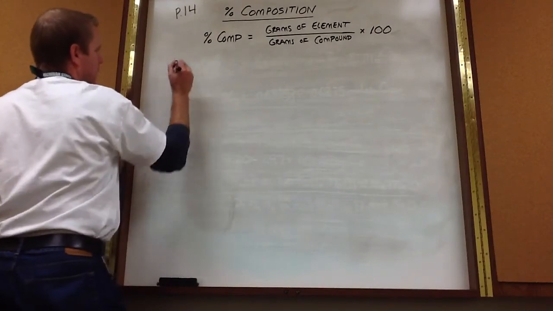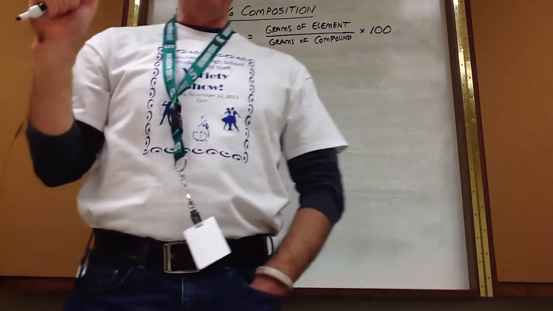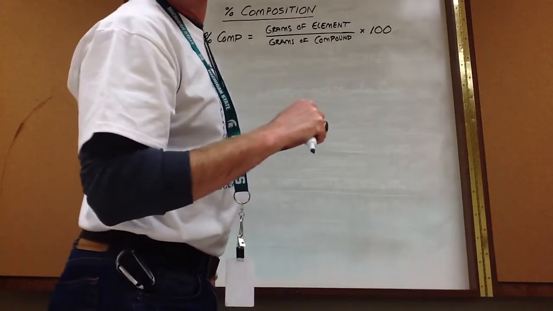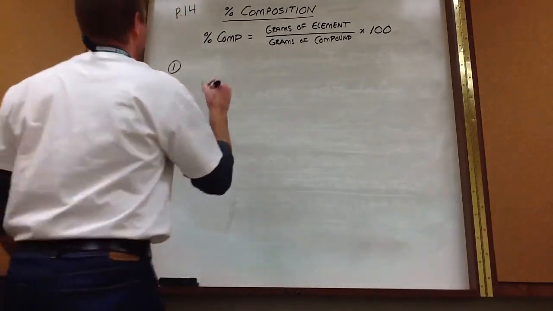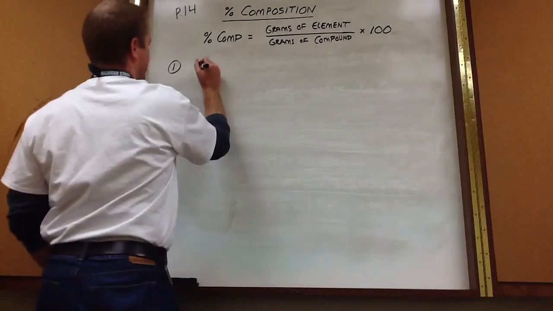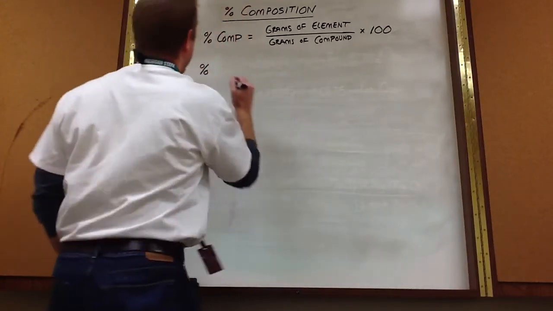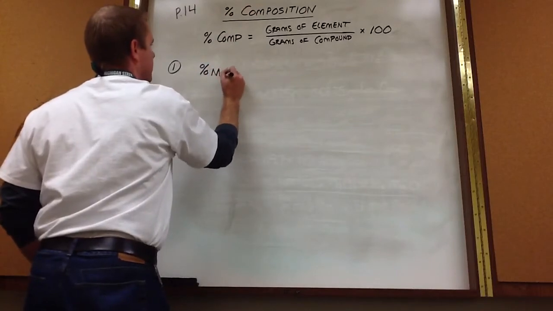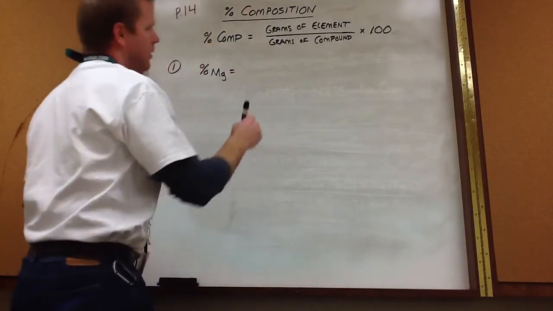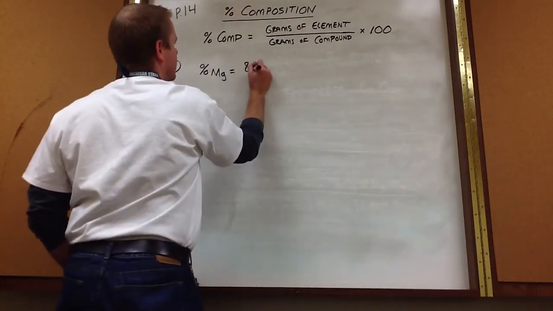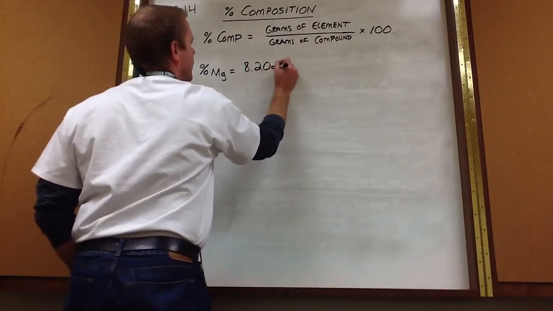Number one says 8.20 grams of magnesium combines with 5.40 grams of O2. For the percent composition, we'll do the magnesium first. The grams of the element magnesium is 8.20 grams of Mg.